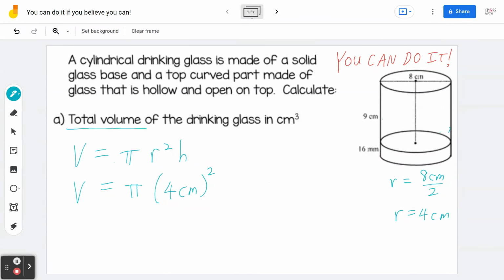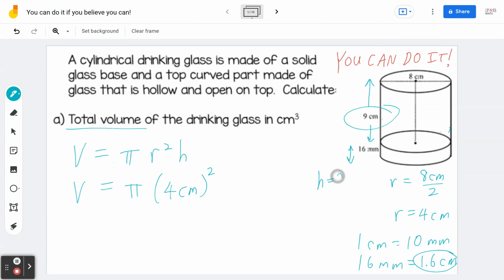Now, to find the height, you have to be careful because there is 9 centimeters plus 16 millimeters. Be mindful, 1 centimeter is 10 millimeters. So 16 millimeters is going to be 1.6 centimeters. You take 9 and 1.6 and add them together, 9 plus 1.6, which is 10.6 centimeters.